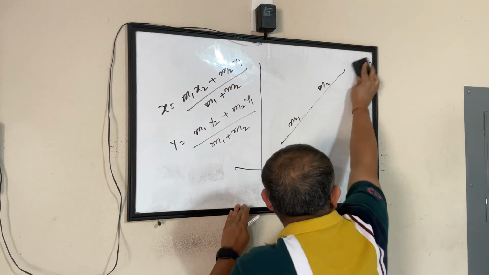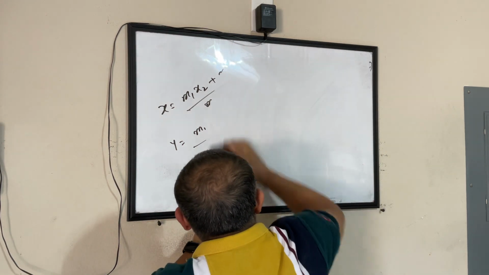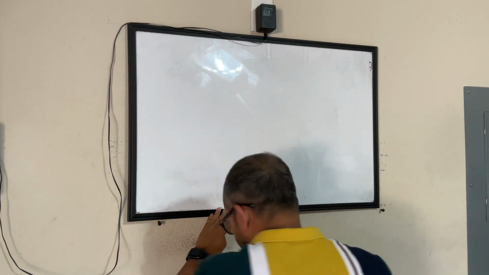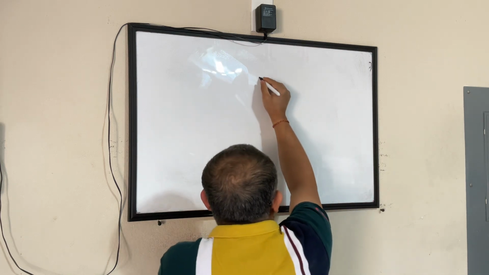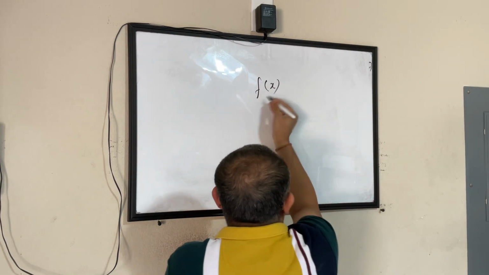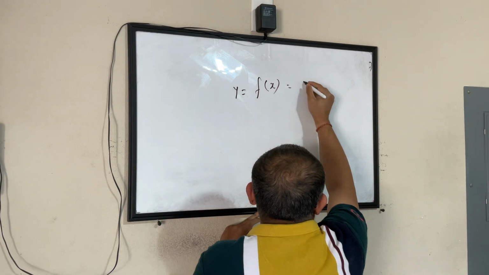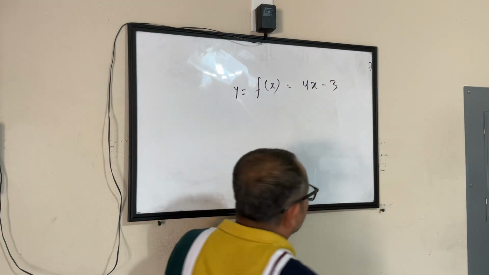When we talk about graphing a quadratic equation or a function, what do we exactly mean? You all have dealt with linear equations and linear functions, and you have seen how we graph them. If I take an example, f(x), or y, equals 4x minus 3.